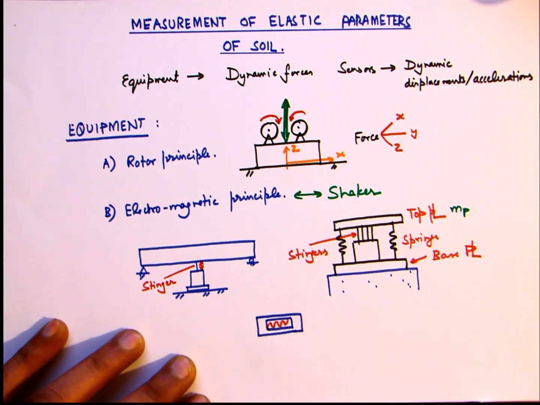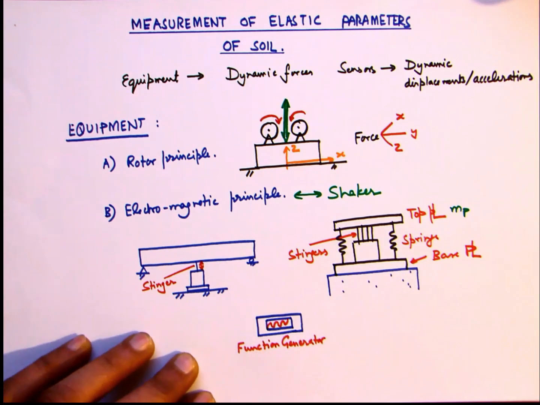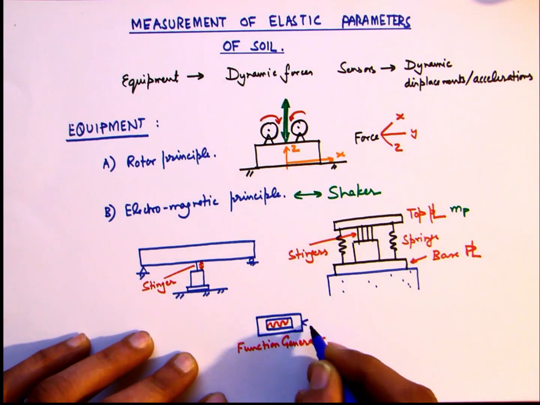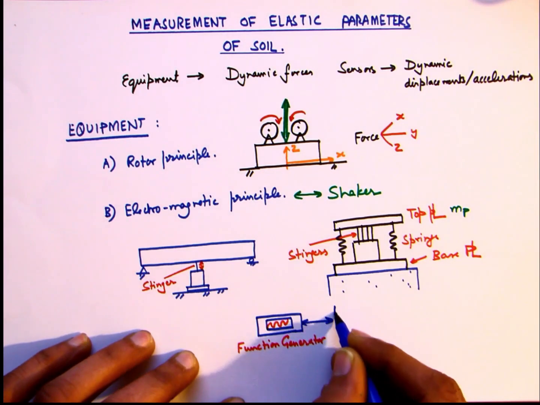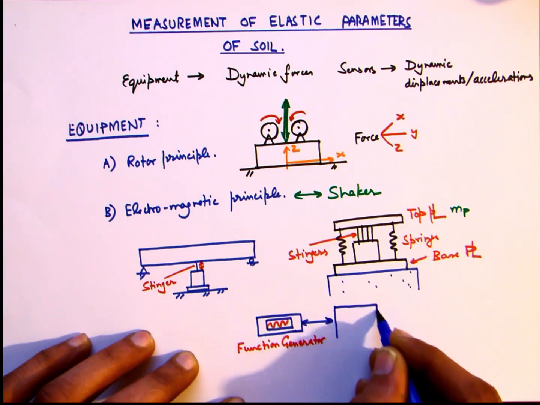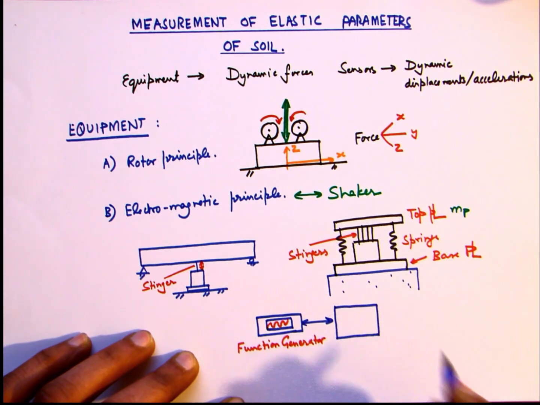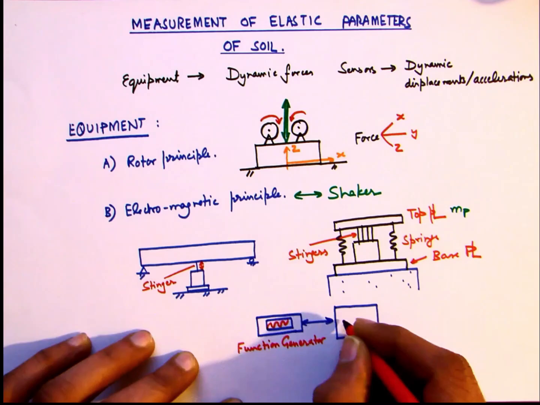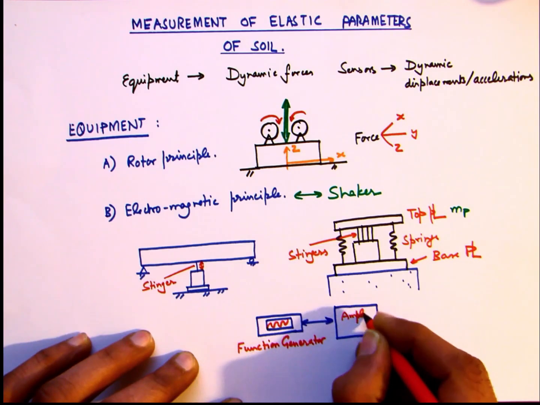Let MP be the mass of the top plate. So essentially, in order to create the desired type of vibrations, the vibrations could be of different types. So we need a function generator which can generate the desired signal. It could be sinusoidal or it could be a random signal.